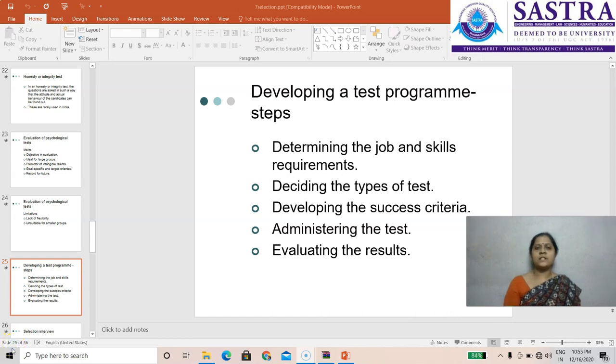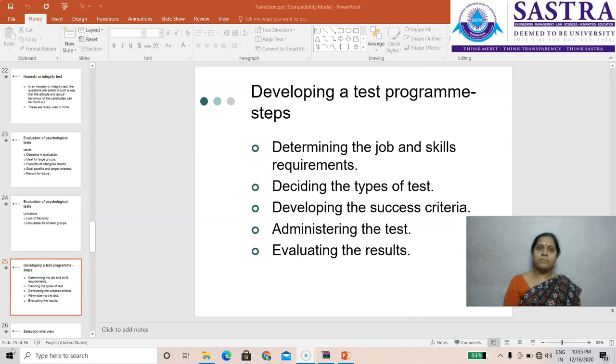The next is developing the success criteria. Here the next course of action is to develop the criteria required for each job. Criteria are nothing but the standard of success. These criteria depend upon how likely the candidates are to be successful in their jobs.